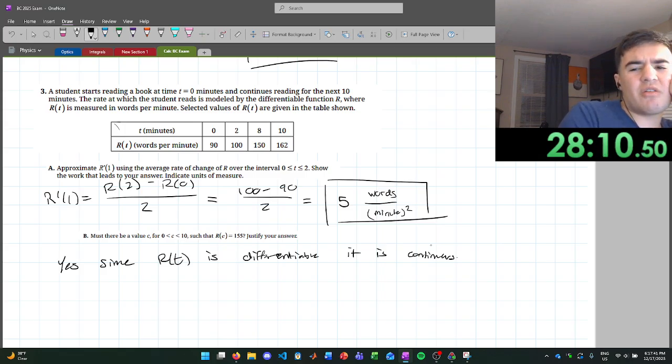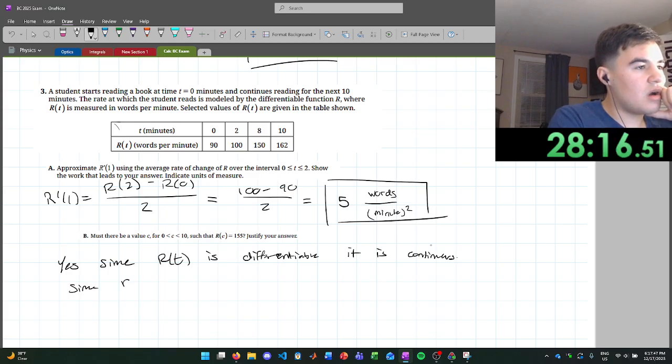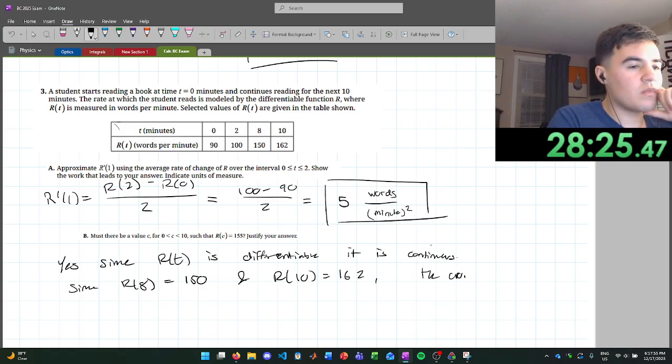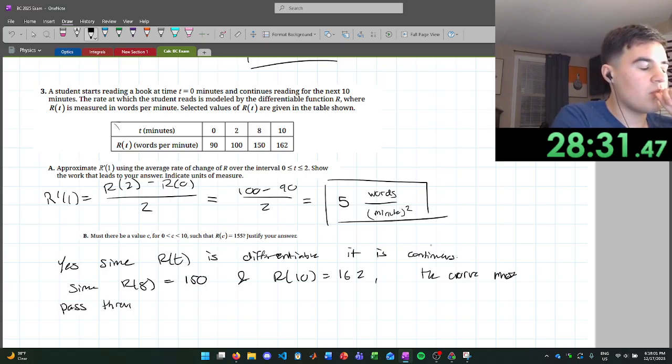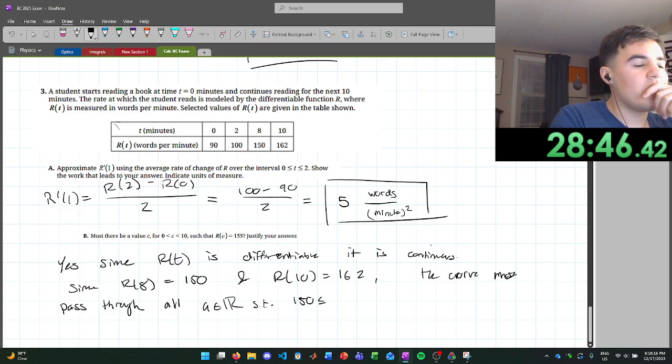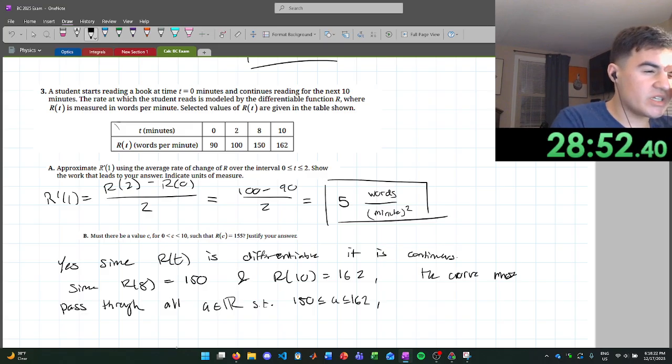Is it the intermediate value theorem? I don't remember which theorem specifically. Since r of 8 equals 150 and r of 10 equals 162, the curve must pass through all a in the real numbers such that a is between 150 and 162.